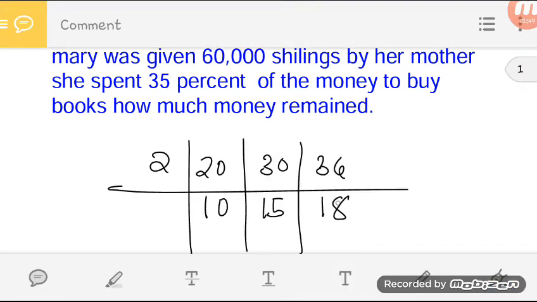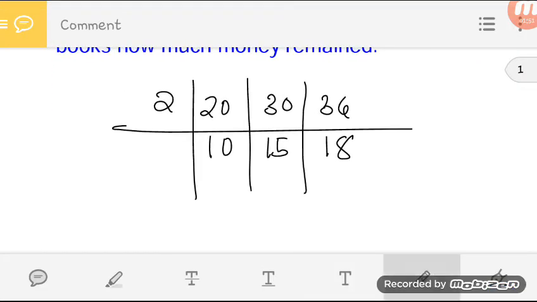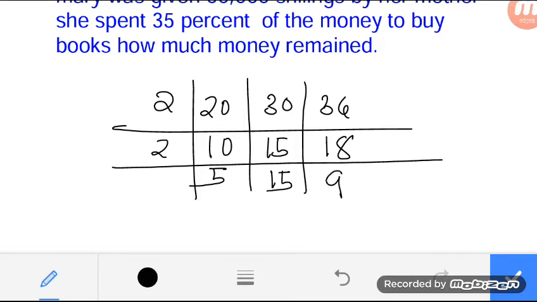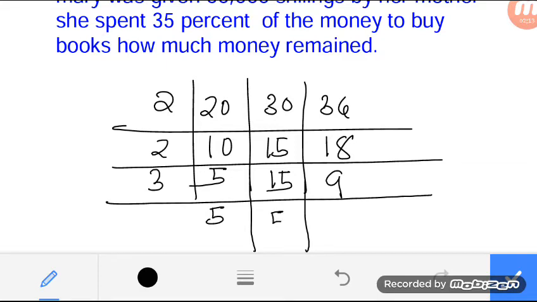So we continue dividing by the smallest number that divides at least one of these numbers. If it's 2 again, here we get 5, here is not divisible so we keep 15, here is divisible, we get 9. So what is the smallest number? It is 3. It can divide only 15 and 9. In 15 we get 5, in 9 we get 3.